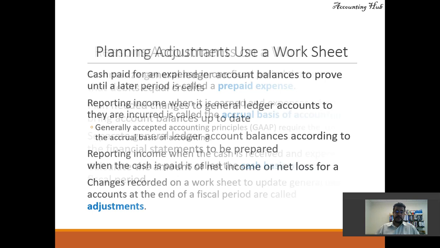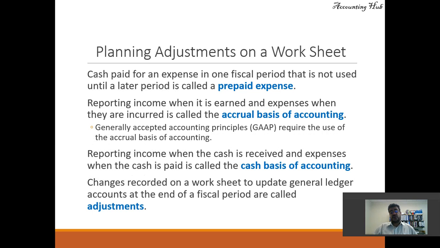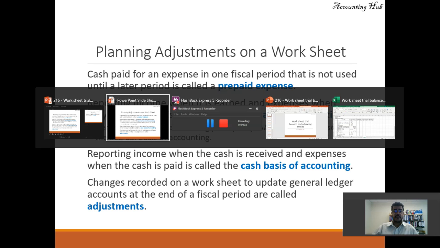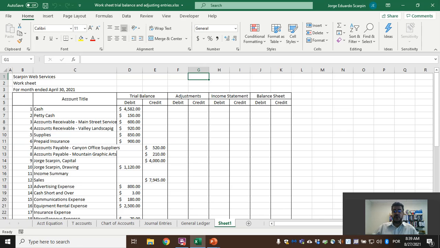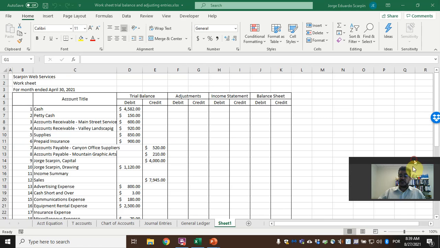And we have planning adjustments. So before we start with planning adjustments, let's take an overview. So here, this is our worksheet. Let me zoom in a little bit. The number of the rows.